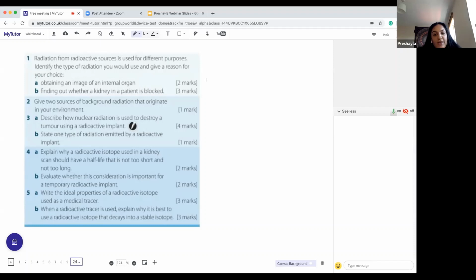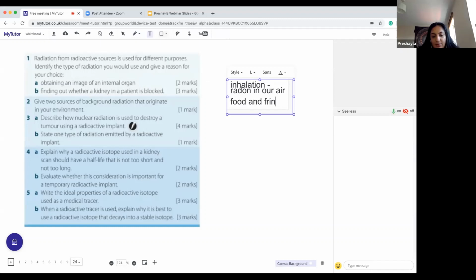Okay, so radiation can come from lots of different places. It can come from inhalation, because we have radon in our air. It can come from food and drink. It can come from rocks and soil. It can come from cosmic microwave background radiation, which is the radiation that was created in the Big Bang.